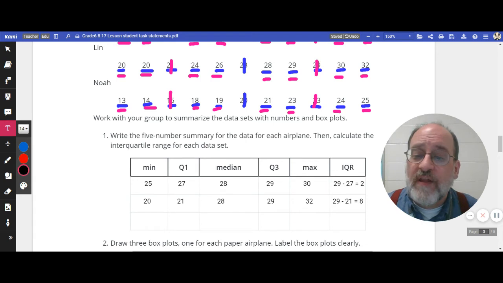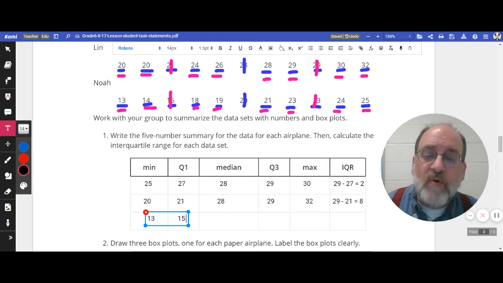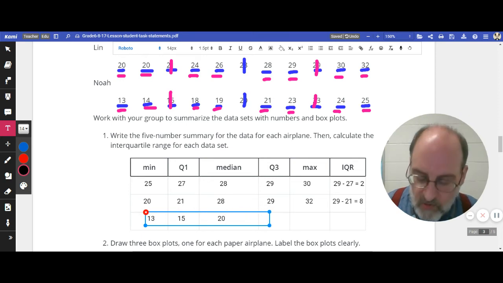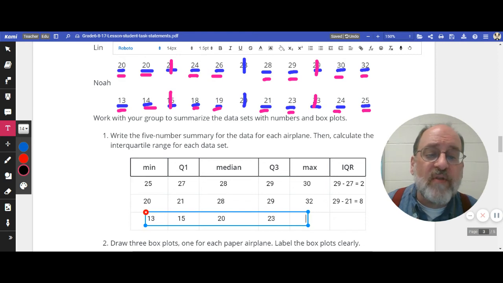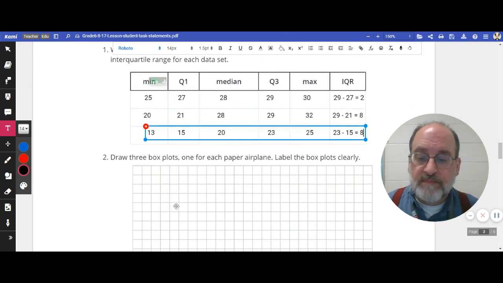Okay, so filling that in, we've got a min of 13. Got a first quartile of 15. We've got a median of 20. We've got 23 for the third quartile, and the max is 25. And when we subtract 23 minus 15, we get 8.